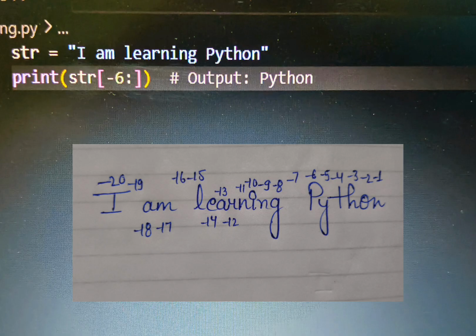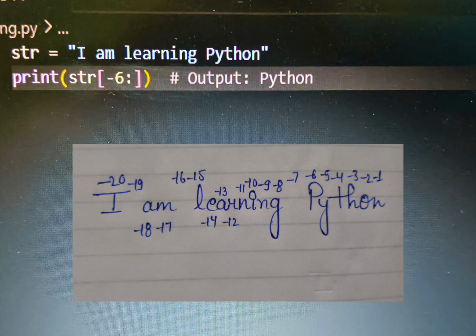First, you must know about negative indexing. You will do the indexing of I am learning Python, then you will see on which character the minus sixth index lies. You do the indexing from the right side, from right to left, and negative indexing starts from minus 1.